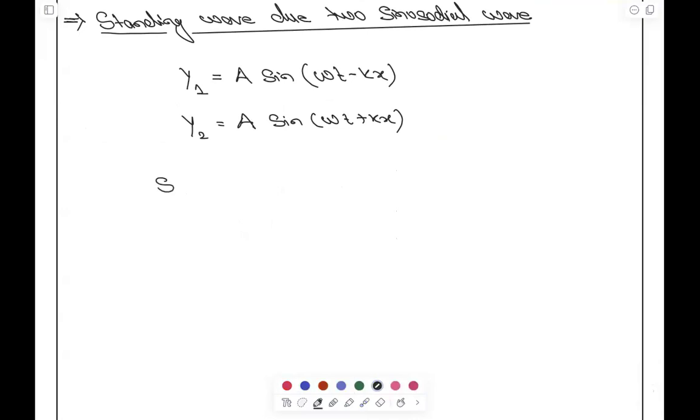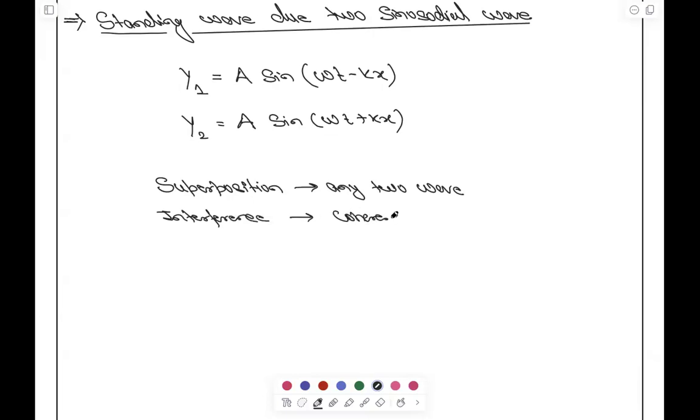So if I have to have superposition of any two waves, fine. If we have to have interference, there must be coherent waves.